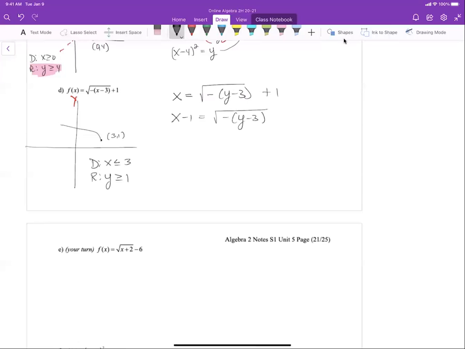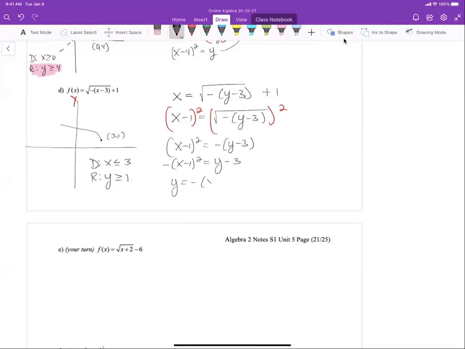I need to square both sides to get rid of the radical. I need to multiply both sides by negative 1. I need to add 3 to both sides.